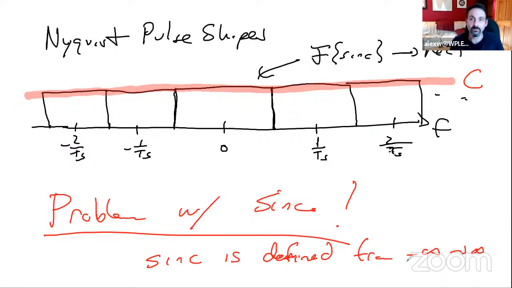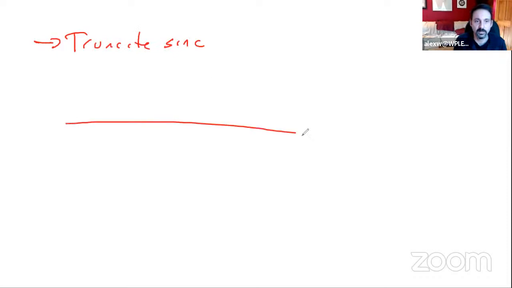Trying to find a waveform that will go on your radio that is specified from minus infinity to infinity. You don't have infinite memory. So this is actually kind of a really serious problem. So the thing is, you either can build radios or circuits or whatever that can have infinite memory, or the alternative, you truncate sinc. So instead of from minus infinity to infinity, suppose you do this.